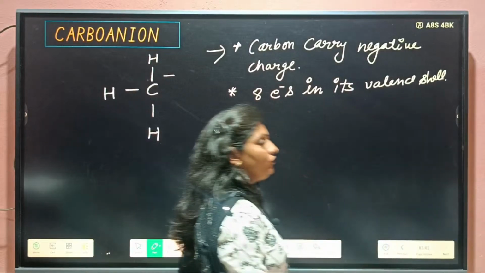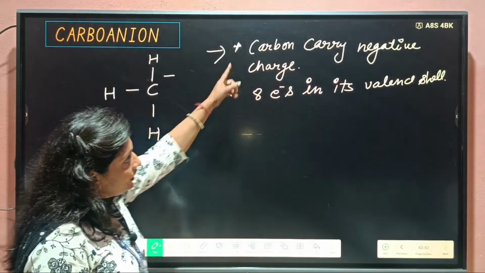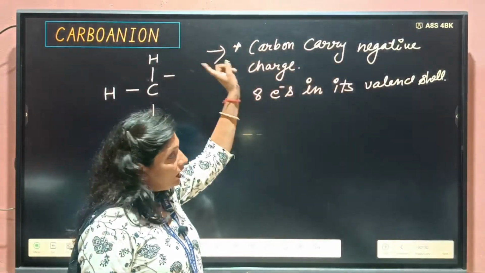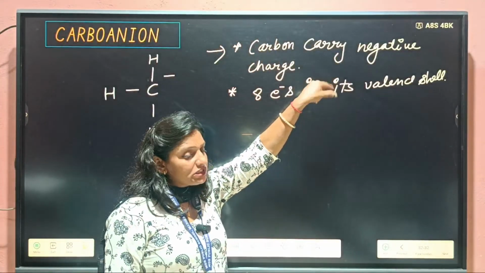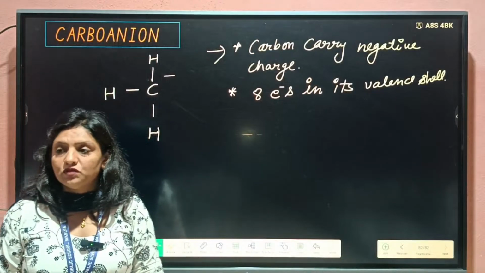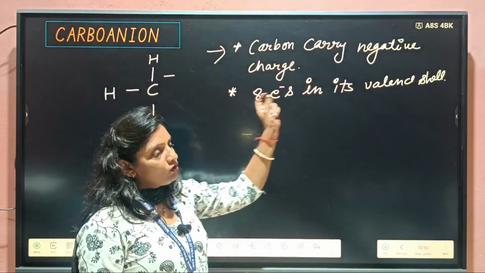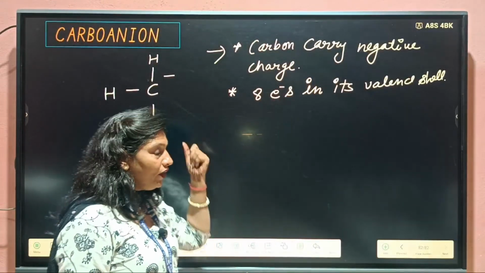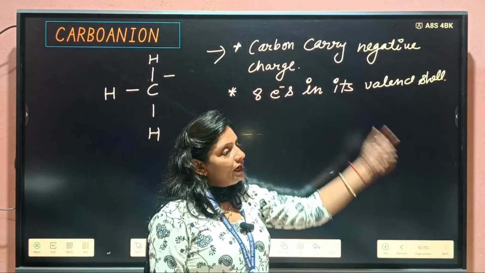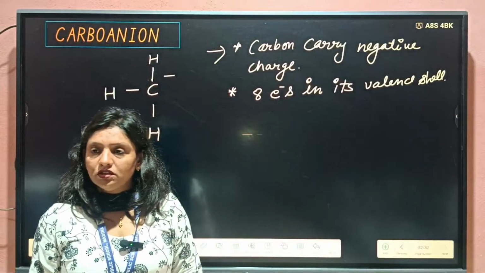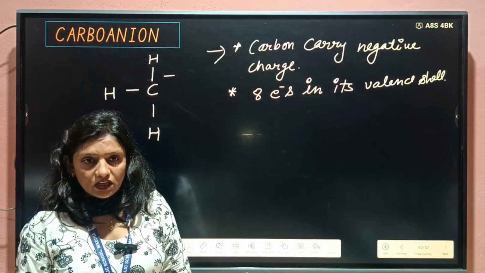In carbocation, we have discussed carbon has positive charge, but in anion, carbon has negative charge, because anions are negatively charged species. In carbocation, carbon has 6 electrons in its valence shell, but in carbanion, it has 8 electrons in its outermost or valence shell.